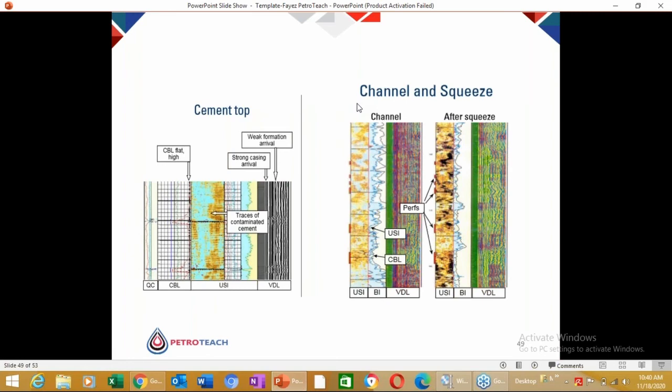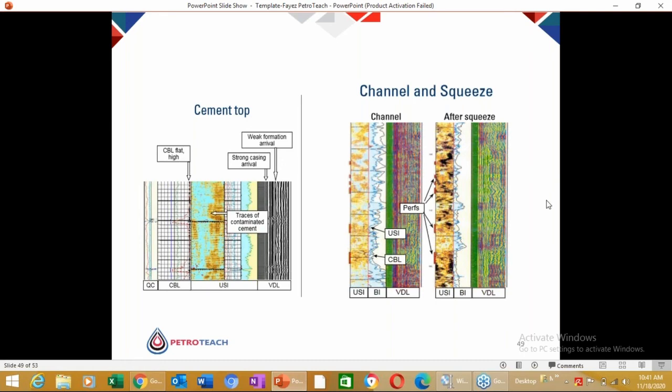Cement channel and squeeze. Here you can see the result after the squeeze. We have a lot of channels, and after performing the squeeze there is a little bit of improvement, but as I said before, squeeze cement does not give you 100% success.